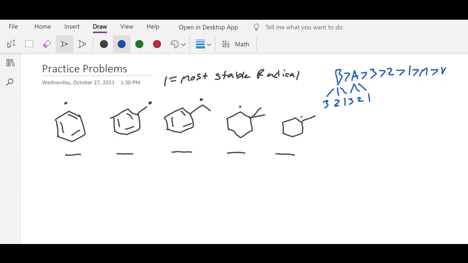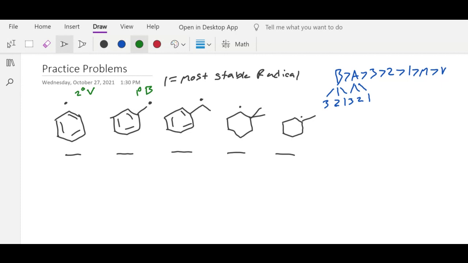All right. So now that we know our trend, the second step is to label our radicals. Okay? So I know this is on a secondary carbon, and because it's on a double bond, it's going to be vinylic, which is very unstable. So this one is on a primary carbon, but it's benzylic because it's 1 carbon away from a benzene ring.